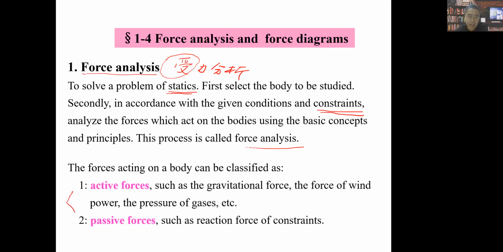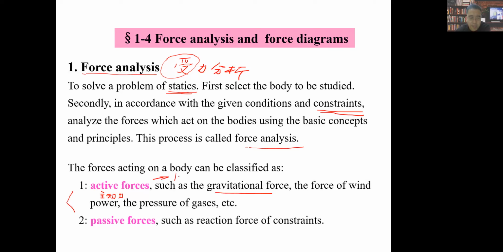So one is active forces. In China, we call that 主动力, right? 主动力, active, maybe positive, right? Active forces, such as gravitational forces, this is very common, and the force of wind pull, the pressure of gases, etc.